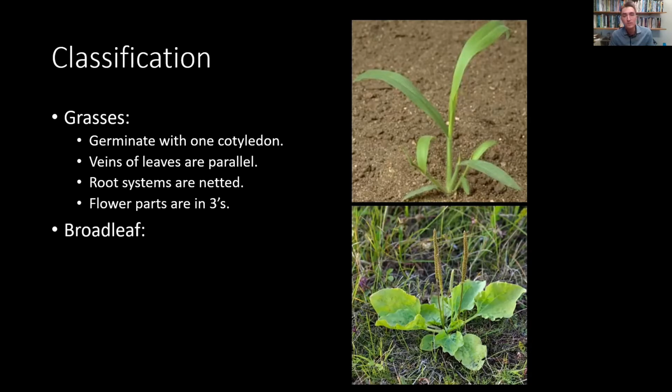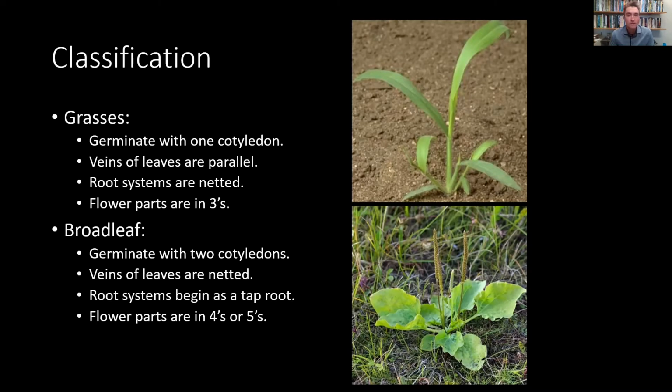The root systems are typically netted, shallow, and flower parts are often in threes. This includes lilies and irises and anything that's generally a monocot. We would call them monocots, or unscientifically, we would just call them all grasses when we're referring to weeds.